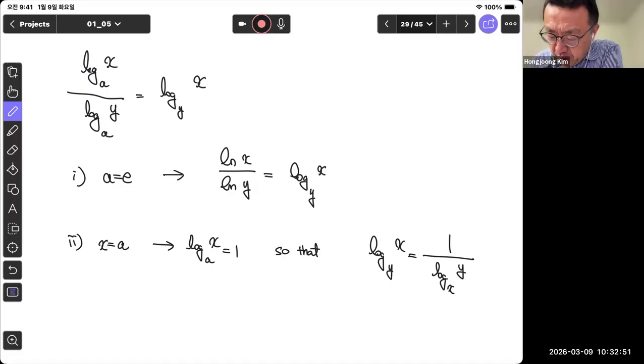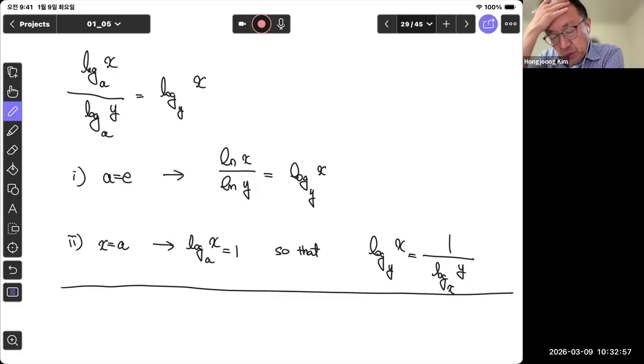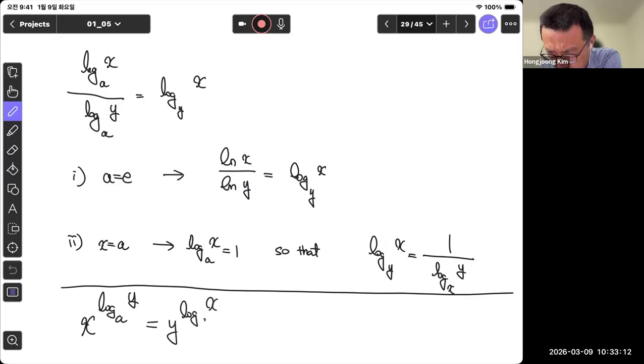And in addition, you can also prove that x to the log y with base a will be the same as y to the log x with base a. So we have this property, of course, where x, y, a are all positive and not one.